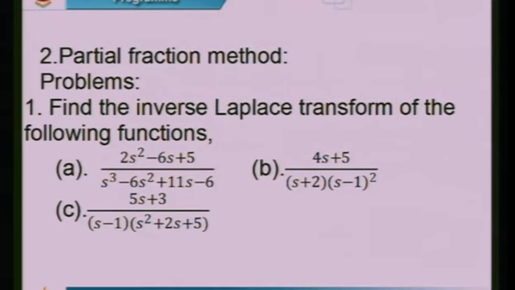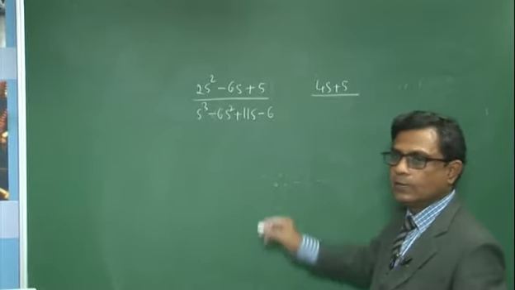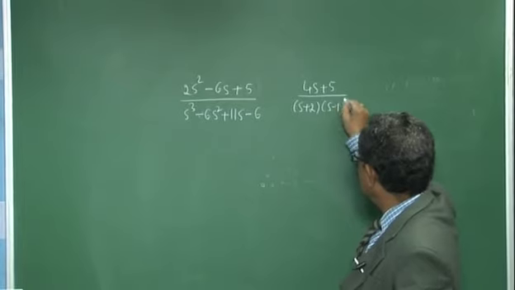the first example is (2s square minus 6s plus 5) divided by (s cube minus 6s square plus 11s minus 6). Or if you consider the second, (4s plus 5) divided by (s plus 2)(s minus 1) whole square.